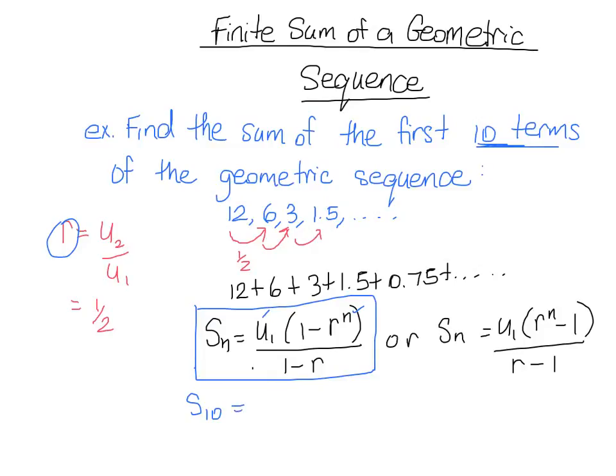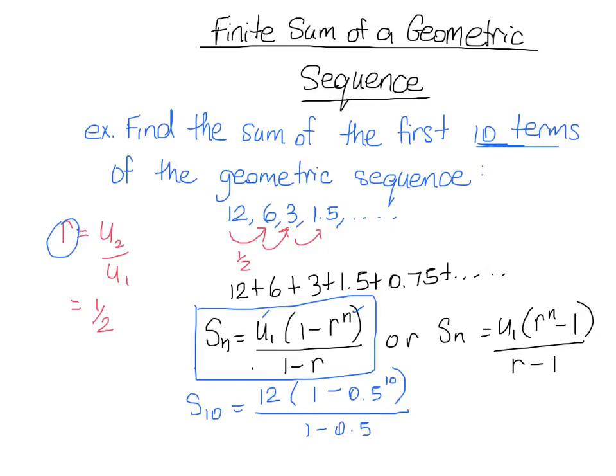But ultimately, again, it doesn't matter that much. So S10 equals u1, which is 12, or first term, times 1 minus r, which we figured out is a half, or 0.5, raised to the nth power, which is still 10, all over 1 minus 0.5.